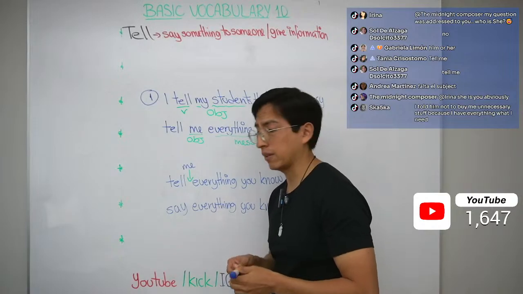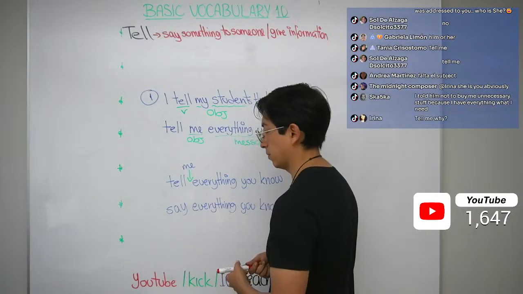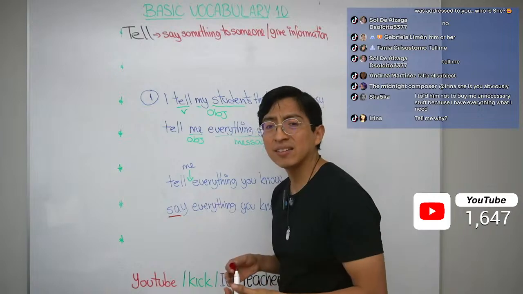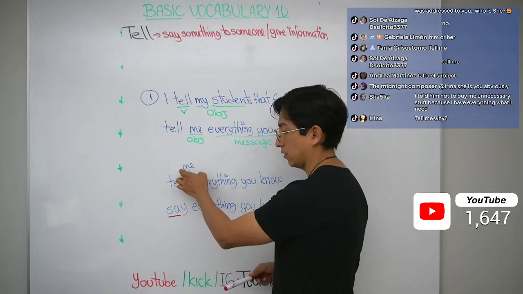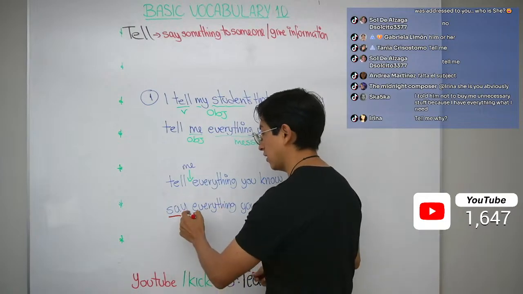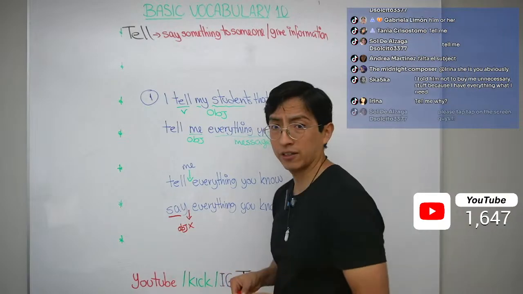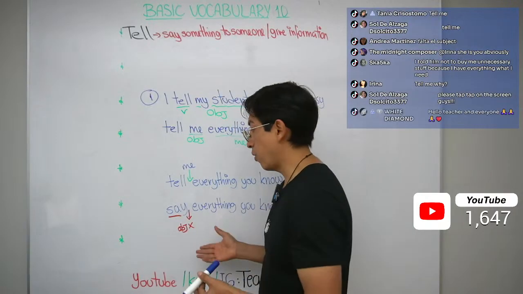You have to say everything you know. What you have here is this other verb, say. Now, in the case of say, it doesn't need an object. Okay, this is not necessary. An object isn't necessary.